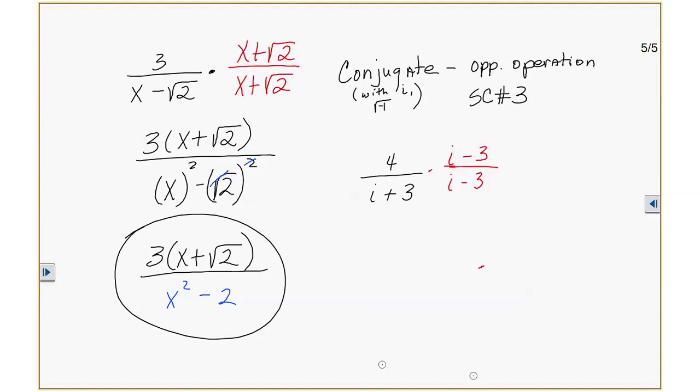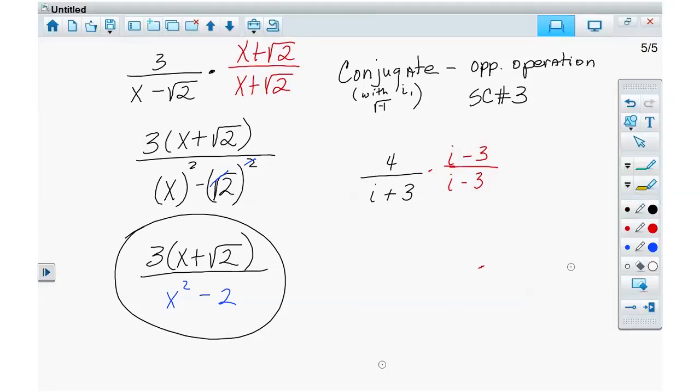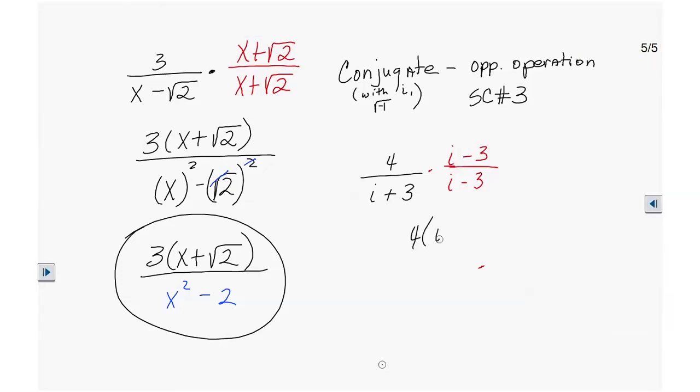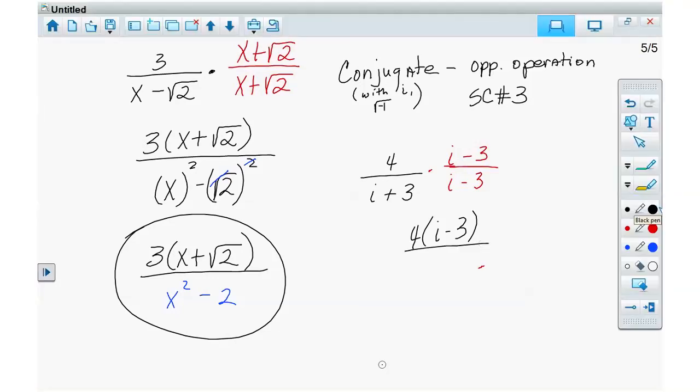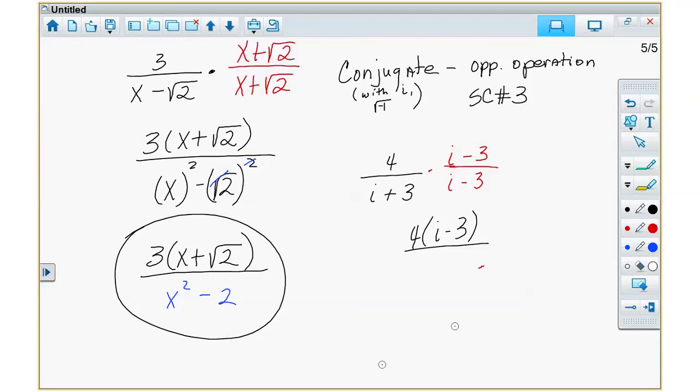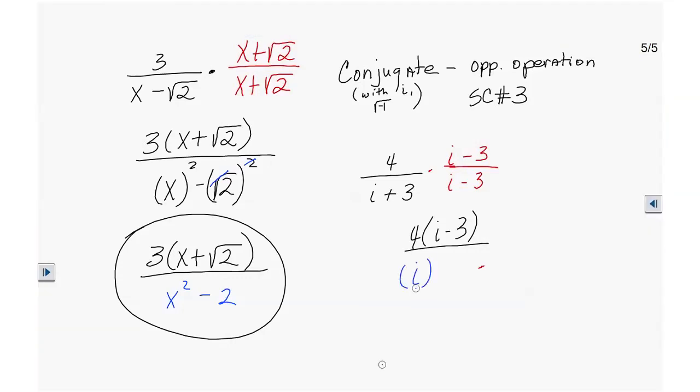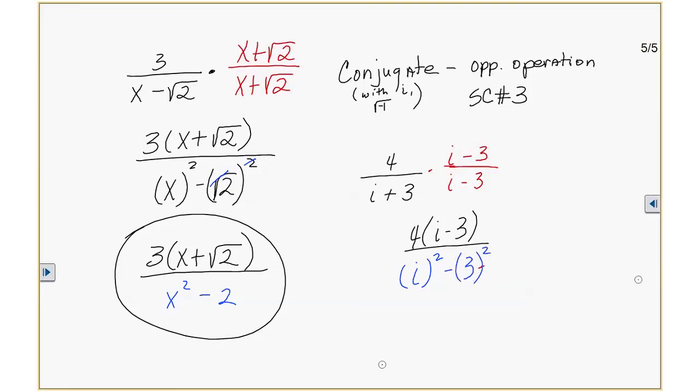All right, now when you do this, the top you get whatever. But what do you get on the bottom? Shortcut number what? Shortcut number 3, Hubert. That's right, class. i quantity squared minus 3 quantity squared.